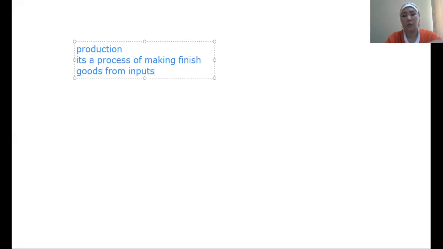So by our words, we can tell that it's a process of making finished goods from inputs.